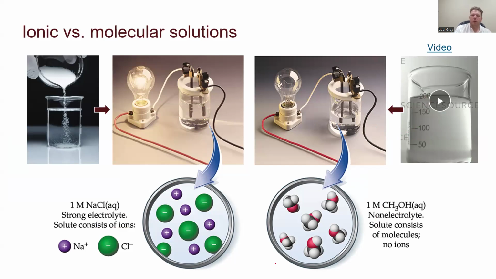The solute consists of molecules and no ions, whereas sodium chloride has positively and negatively charged species. So basically, your electrons can bounce between each one of these and form a current, or sustain a current between those two electrodes.